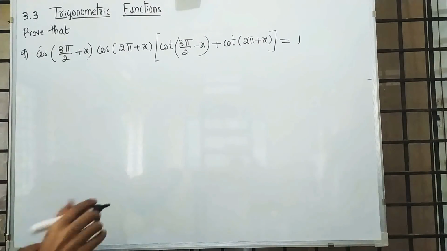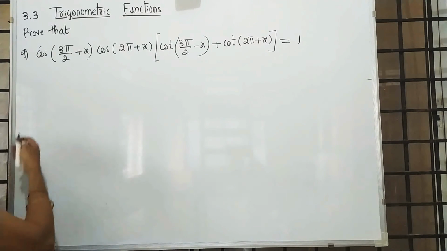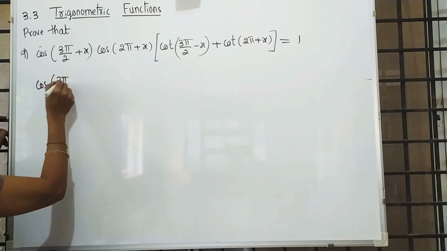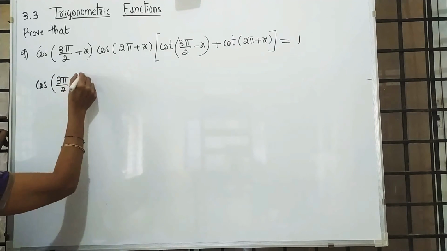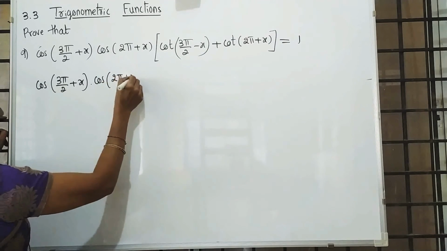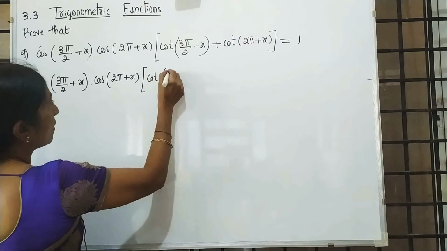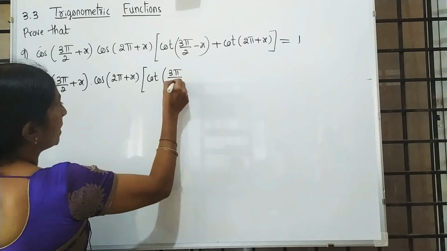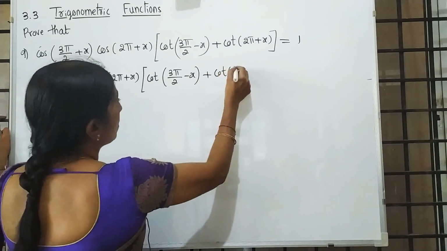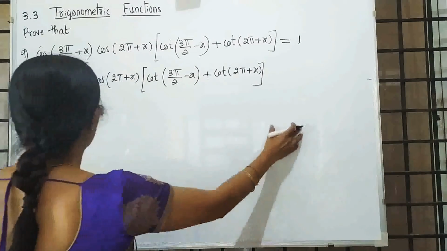So write down the LHS. Cos 3 pi by 2 plus x into cos 2 pi plus x in the bracket, cot 3 pi by 2 minus x plus cot 2 pi plus x. I will solve each and everything on the right side.